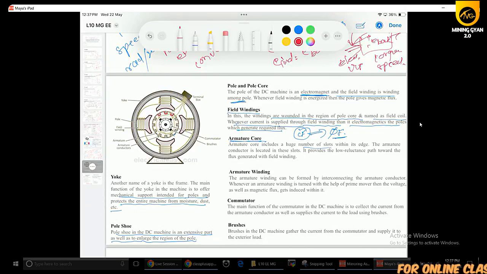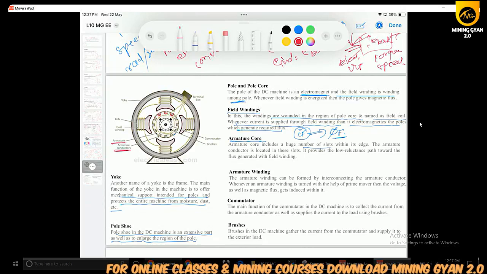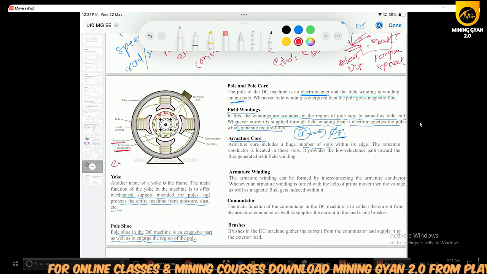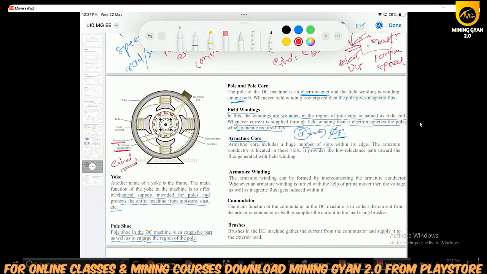Armature windings are used to collect the current, and induced EMF will be there across the terminals of these windings. So this is the heart of the machine. These are called armature conductors, and the complete structure is called the armature. The armature core has a number of slots within its edges, and the armature conductors are located in these slots.